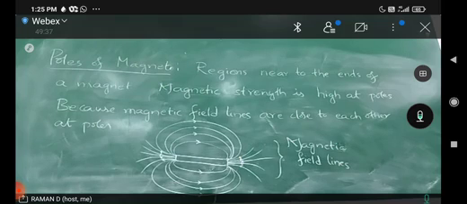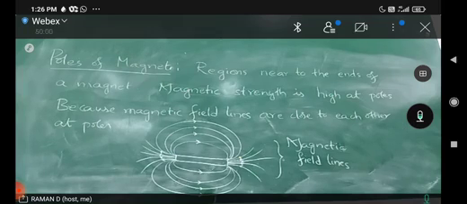Right. Now tie a thread at the middle of this magnet and suspend this magnet from a wooden stand. How you are going to suspend it? You must suspend this magnet in such a way that this magnet must rotate freely.